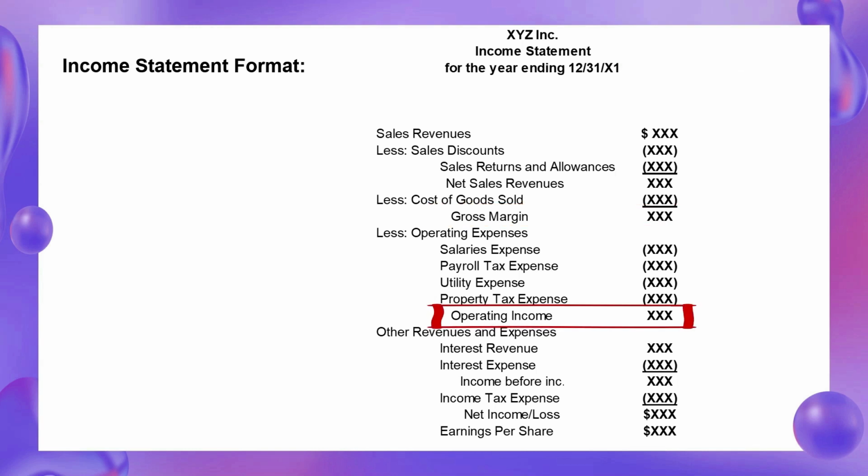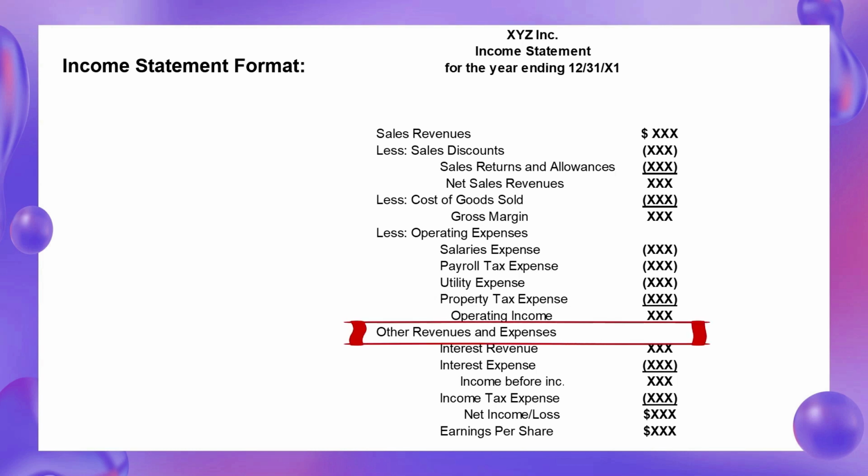Now, it is possible that businesses might have other sources of revenues and other kinds of expenses that really aren't part of their normal operations. For example, let's say that I have a large building, I'm operating a grocery store, but I've got some extra space in the back of the store, and I've got a friend and he's an accountant, he just needs a place to kind of set up an office or something, and so I rent some space to him.